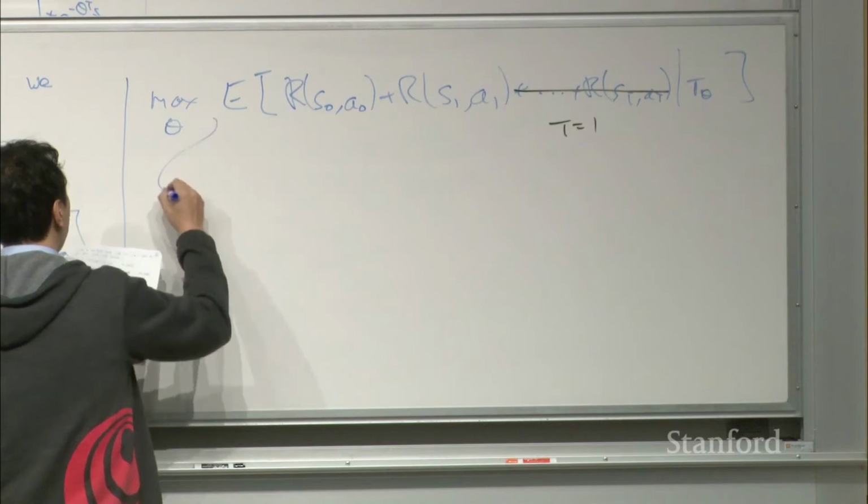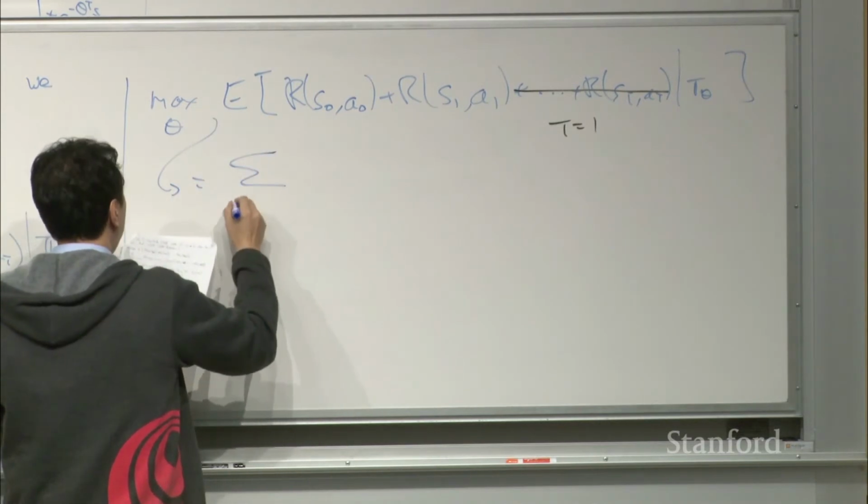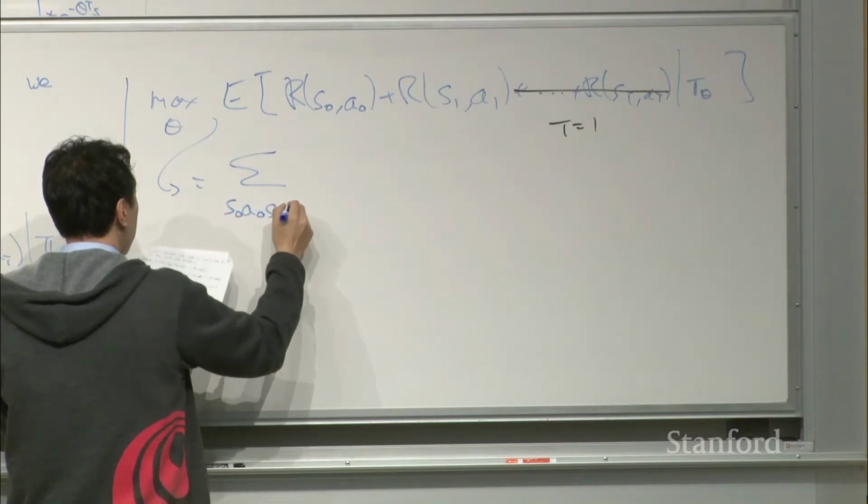Okay? And so this term here, the expectation, is equal to the sum over all possible state action sequences, right?